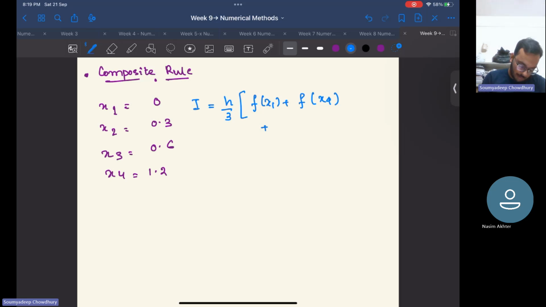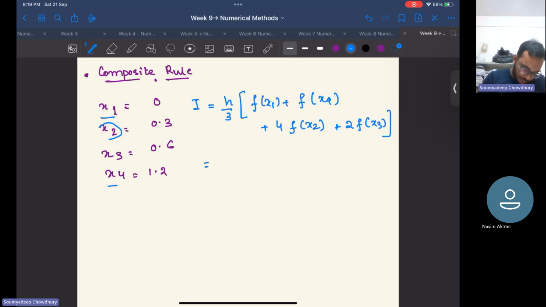Then we have the even terms, which are multiplied by 4, and the odd terms, which are multiplied by 2. If you have more terms, except the first and the last, we add up all those things.